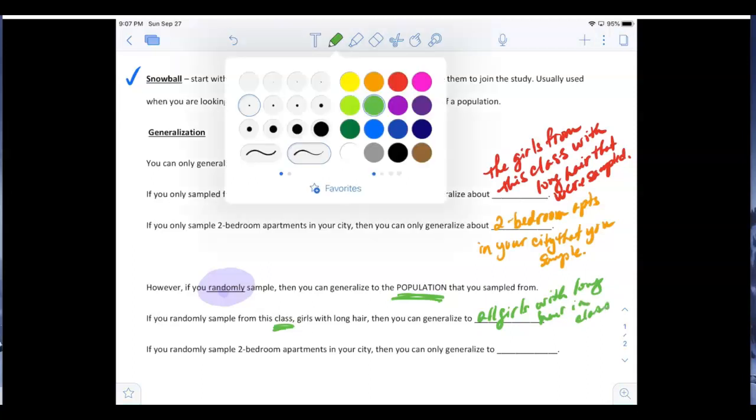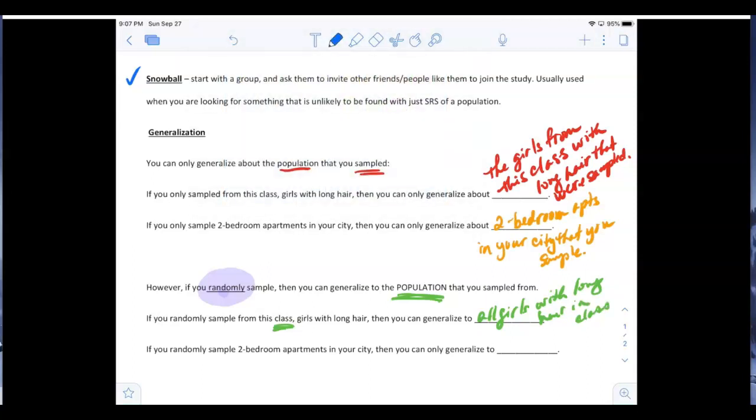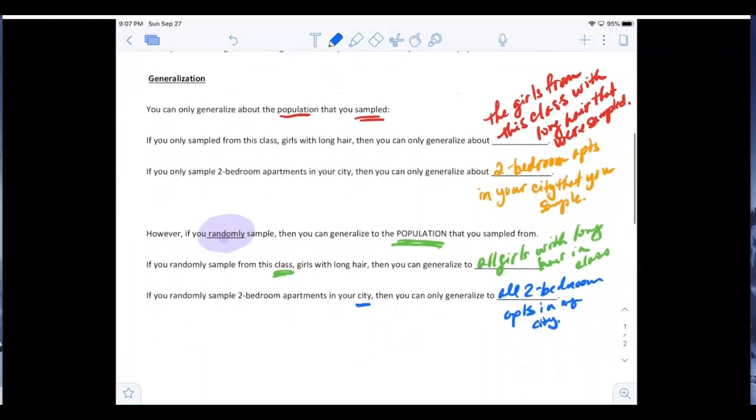Okay, and then in the next one, if we're doing the two-bedroom apartment example, the biggest population I get is the two-bedroom apartments in my city, so then I can generalize it to all two-bedroom apartments in my city.